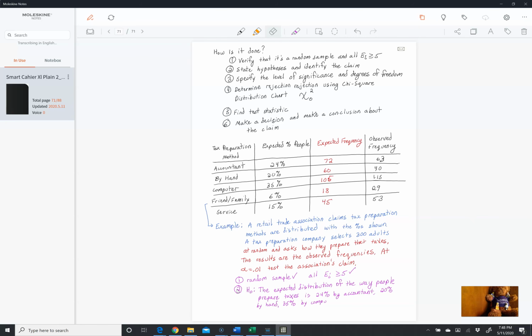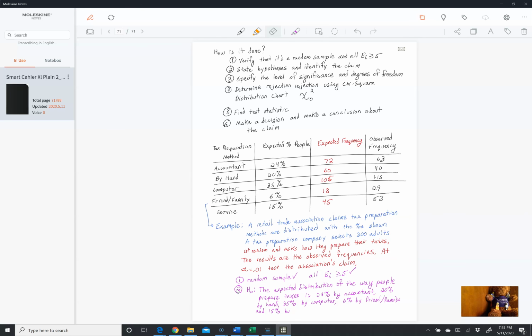Imagine if you had 10 categories. 6% by friend or family. And 15% by service.